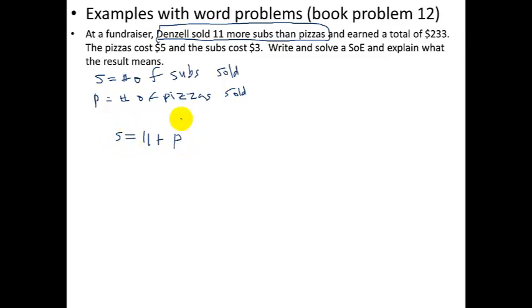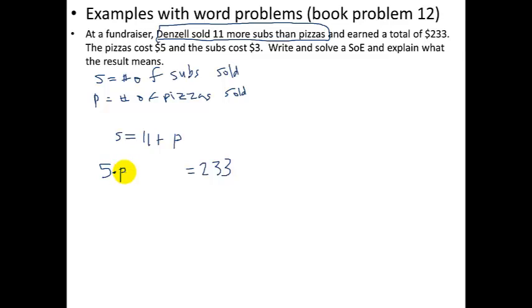That's my first equation. Then he earned a total of $233, okay? So the total money earned is $233. And so now, where does this money come from? Some of it comes from selling pizzas. The pizzas he sells for $5 each. So $5 times P, the number of pizzas, that'll tell me how much money I earned from pizzas.